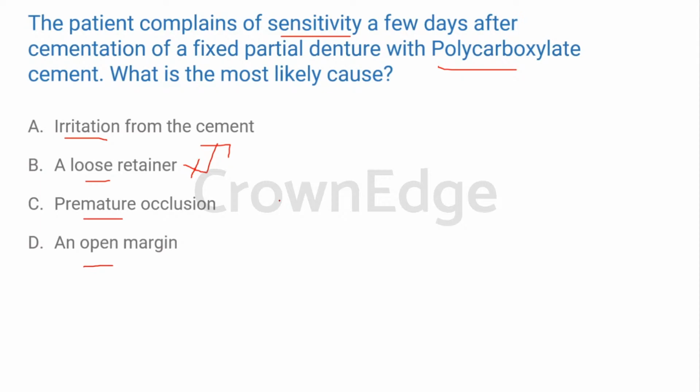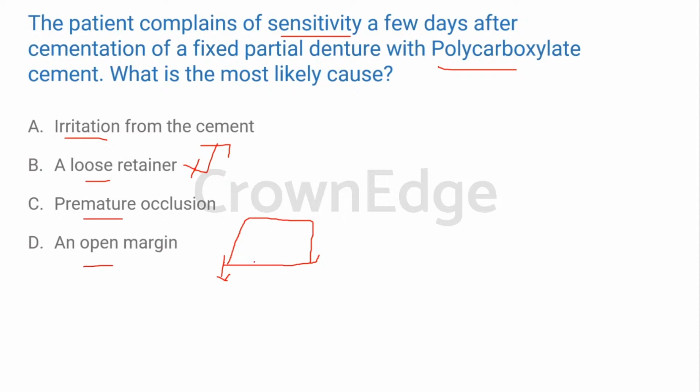sensitivity are not your open margins. This is very common. What we do is our shoulder finish line. There's a slight misconception that I can see in many answers with regards to D as well. The misconception is that when we do a tooth preparation, we keep a shoulder finish line and the cement seeps inside. This will still not cause sensitivity to the patient.